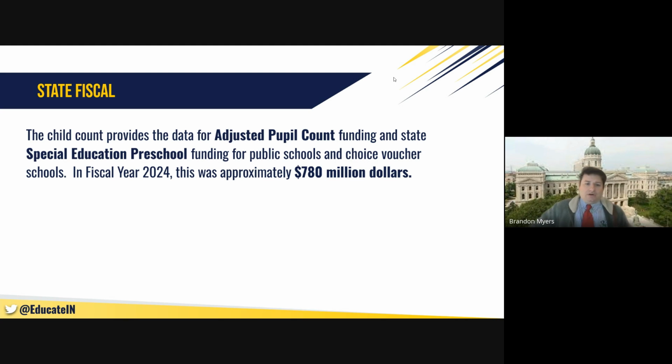So let's start out with fiscal. The child count provides data for the adjusted pupil count, which is our population that has reached kindergarten eligibility, and our state education preschool count, which are those children who have not yet reached kindergarten eligibility.